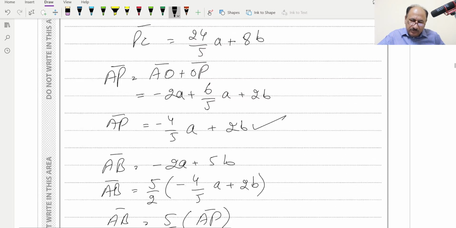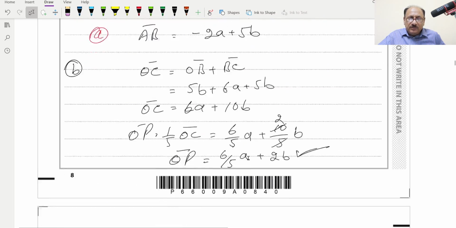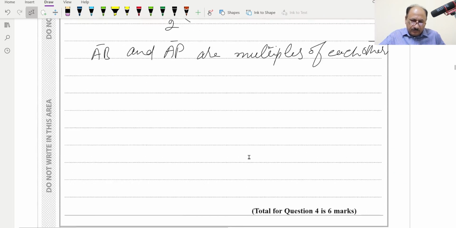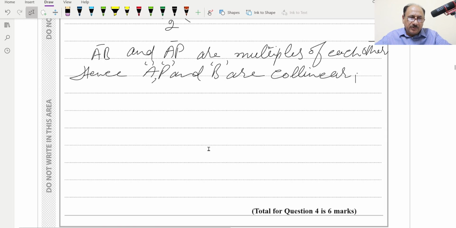So AB and AP and B basically are collinear. Hence, A, P and B are collinear. Hopefully you understood this part also.